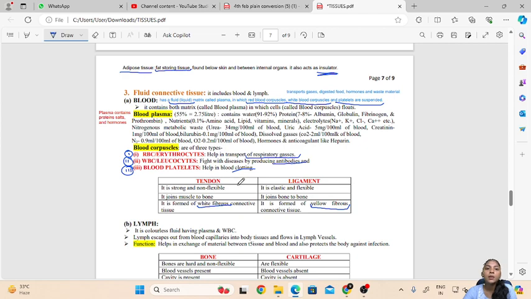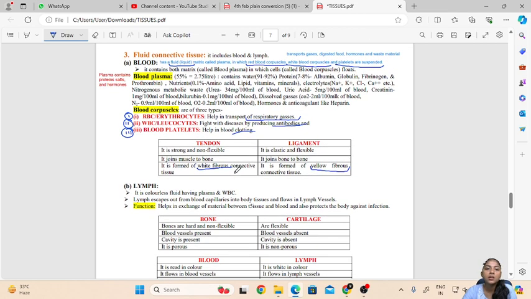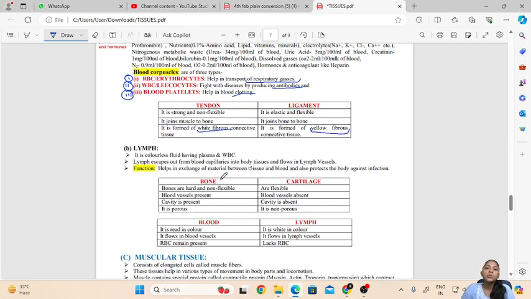Then the second type of fluid connective tissue is the lymph tissue. Now this lymph tissue is colorless or white in color, and it has plasma and white blood cells.